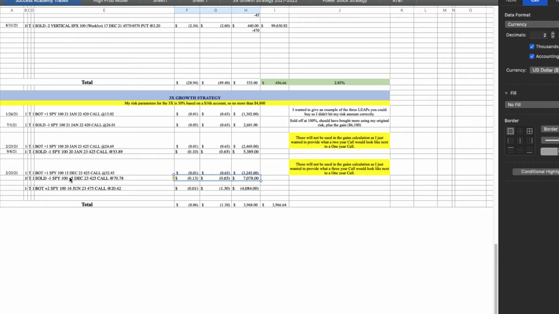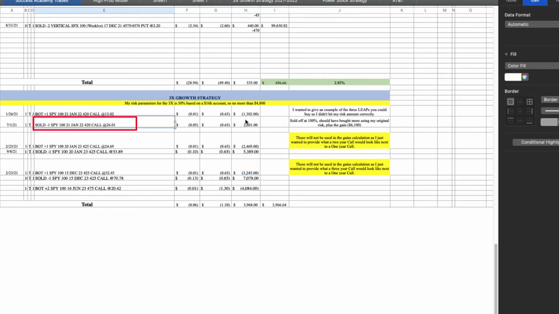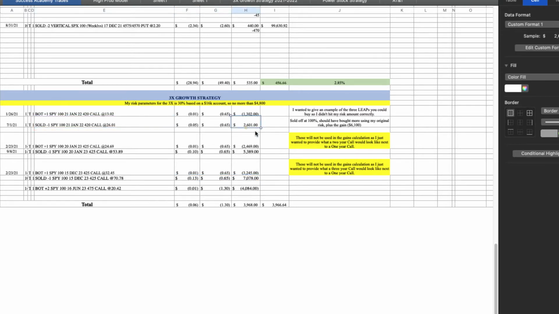So you can see the first one to sell off was the 1 year call option that hit 100% return. And then we reinvested, which is down here. What we did was reinvest our original risk plus what we made off of the trade, so we basically doubled this amount and added it back in.